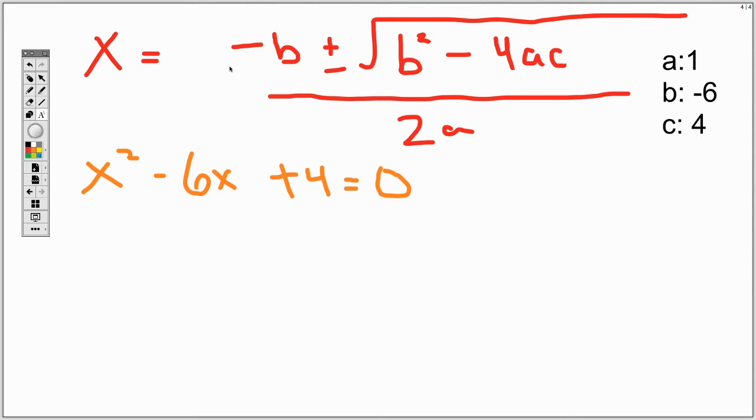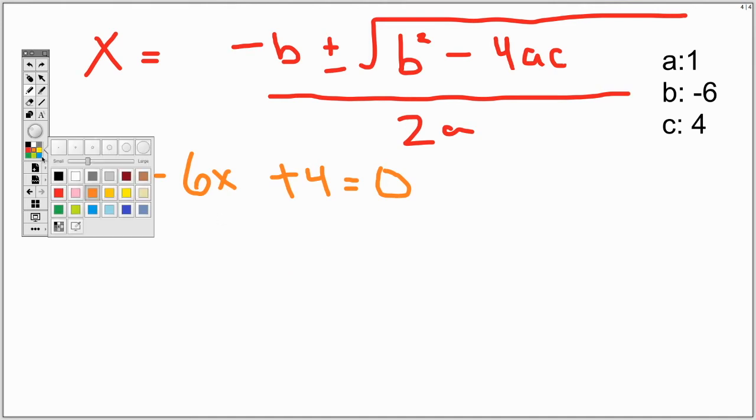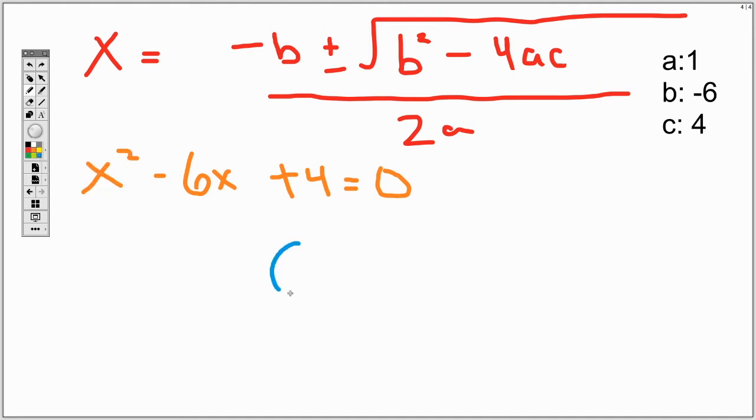So we have -6, so instead of negative B, instead of -6, it becomes 6. Then we write our plus minus, and then we do our square root.